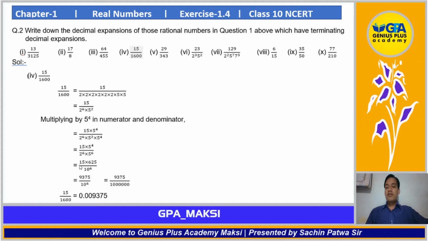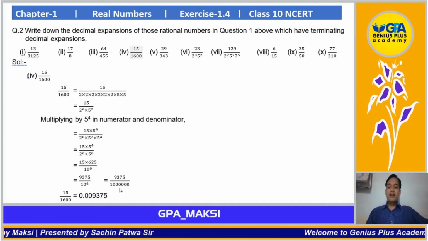Now when we multiply 15 into 625, it's 9375, and 10 raised to 6 is 10 lakhs, and when we divide 9375 by 10 lakhs, we get 0.009375. So pause the screen and note it.